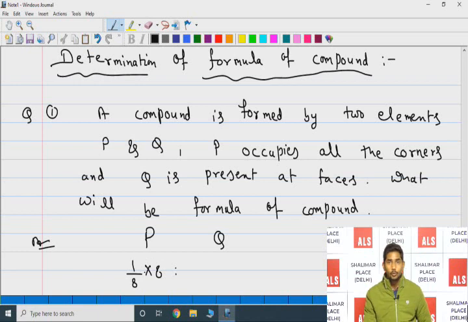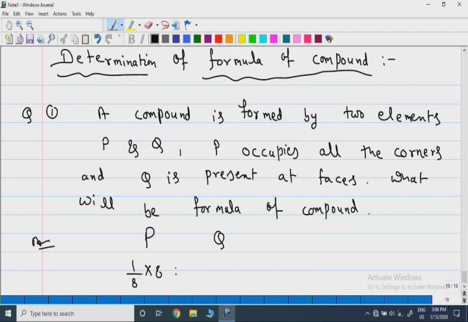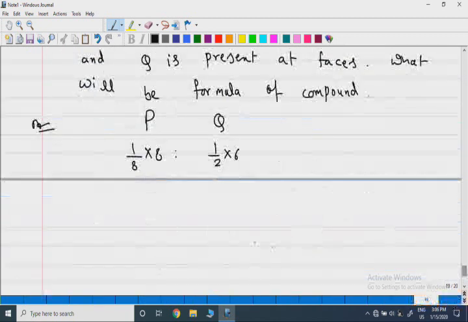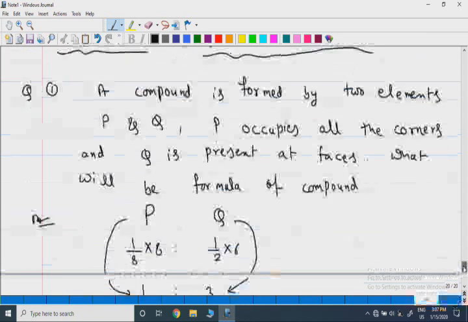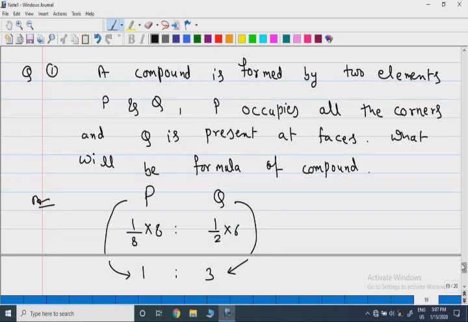Now it is saying Q is present at the faces. Obviously, at all the faces, one face has the contribution of half. So 6 faces will have what? 1 by 2 into 6. So it is 1 and it is 3. So it is nothing but their respective atoms. So the formula will be what? PQ3. Please copy. Clear? Confirm once.